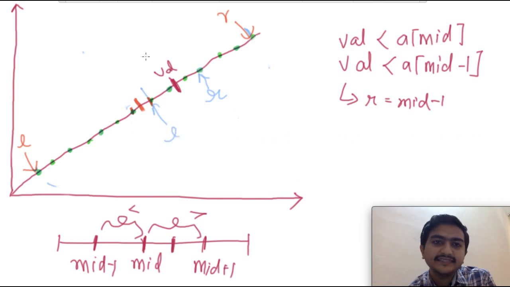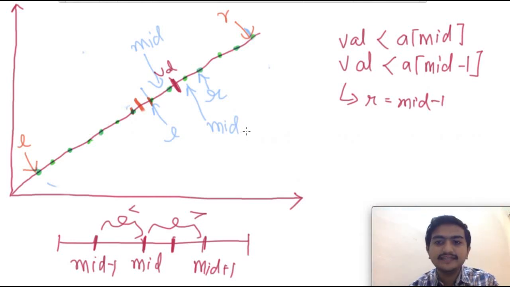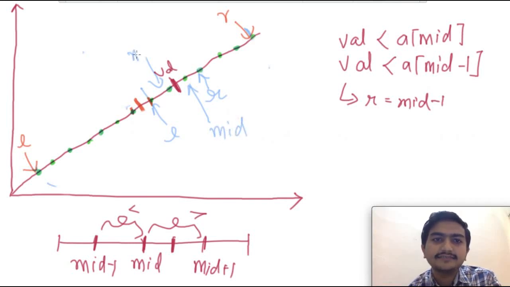Then we found mid here. Now if you see here, the value will be greater than mid and less than mid plus 1, then we can just compare a of mid and a of mid plus 1. Similarly, suppose by calculation somehow we got l and r at a distance of 3 at max. Suppose this was mid, and this is mid minus 1.